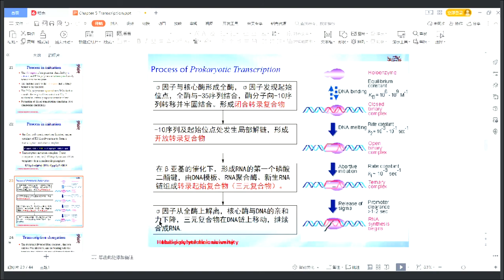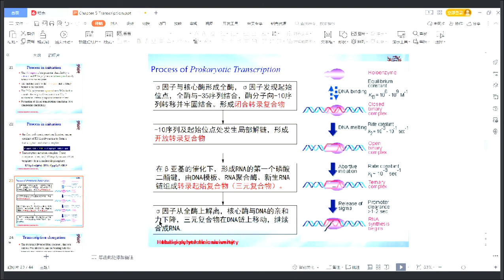At that time, pay attention to the holoenzyme catalyzing, and the two ribonucleotides bond together and form the first newly produced phosphodiester bond. At that time, immediately the sigma factor separates from the holoenzyme, divides from the holoenzyme, and goes away.